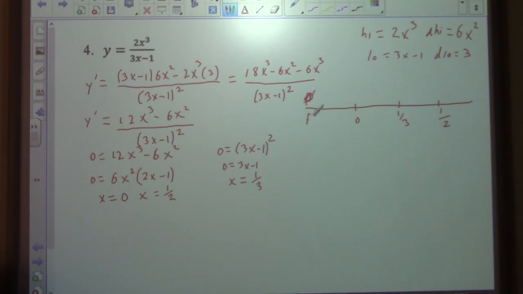You can say, okay, we'll call this one this thing right here, which is just going to be 0 and 1/2. And then this thing over here is going to be this denominator.